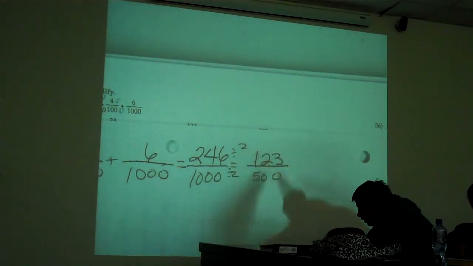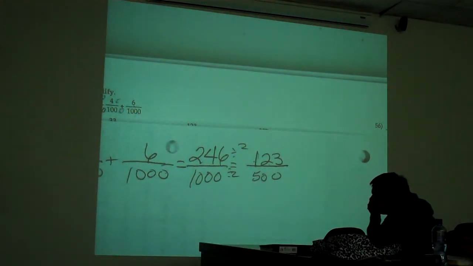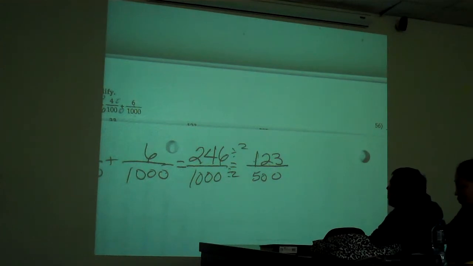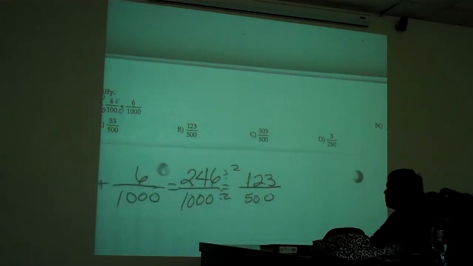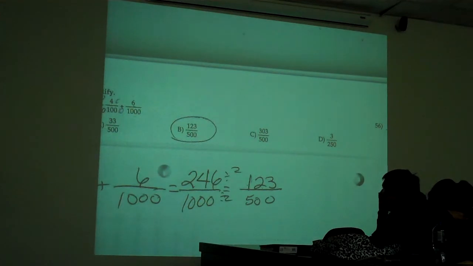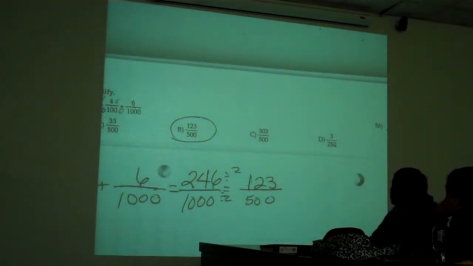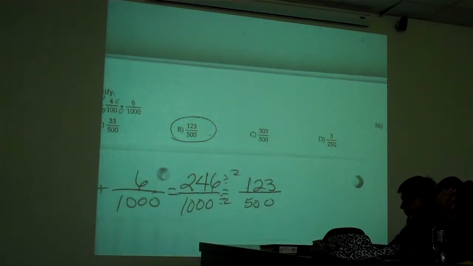That would divide by 3, but the bottom will not divide by 3. Bottom divides by 2, but the top won't. Bottom divides by 5, but the top won't. I think we're done. You could keep trying and trying, but this one you had divided by 2, but this wasn't the same. So that's as far as you can go on that.